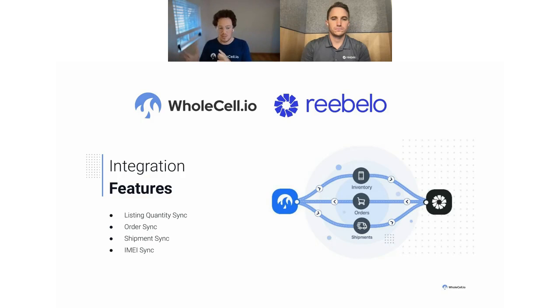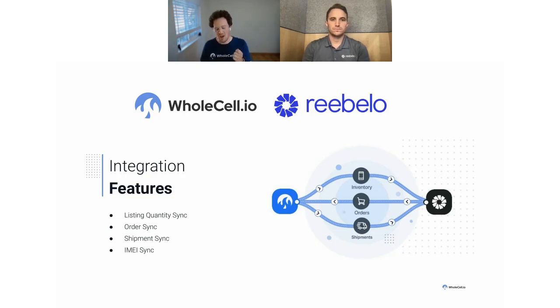On that same 10 to 20 minute job, Wholesale is importing new orders that you have from Reebelo so that those orders can get in and we can deduct those orders from the quantity that you have available on all of your channels. And then we're syncing shipments as well. Whenever you now create a shipping label or put a tracking number into Wholesale, we are sending that tracking number over to Reebelo to notify your customers. So all of these automated things that we're doing.